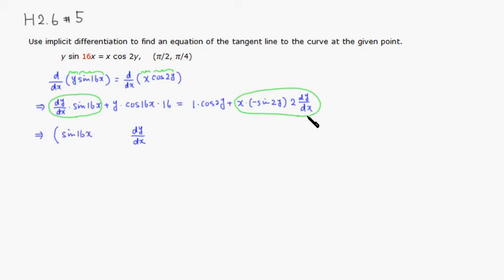From here it's negative, so if you put it on the other side it becomes positive, so plus 2x sine of 2y. Then everything else is on the other side. We have cosine of 2y, which is already on the right hand side, and I'm going to put this guy on the other side, which changes sign, so negative 16y cosine of 16x.